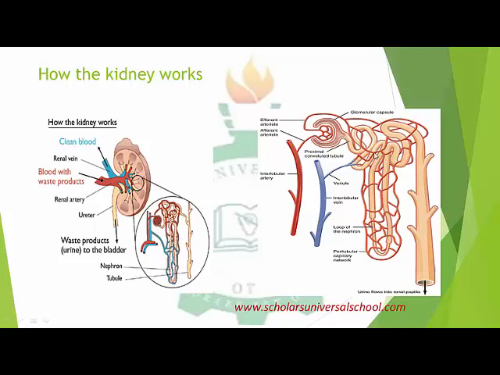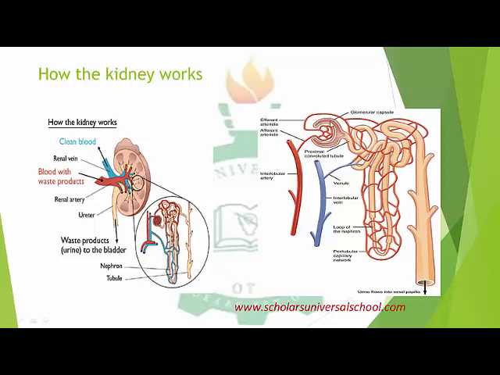This is how the urine is formed. This is called the glomerulus, which are channels of blood vessels. When the blood is brought into the kidney, the Bowman capsule, which is this, performs the function of ultrafiltration.